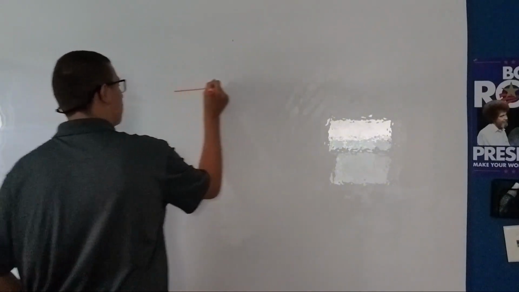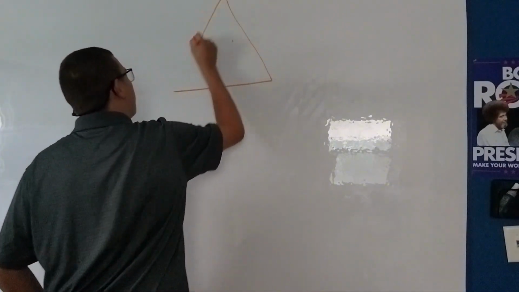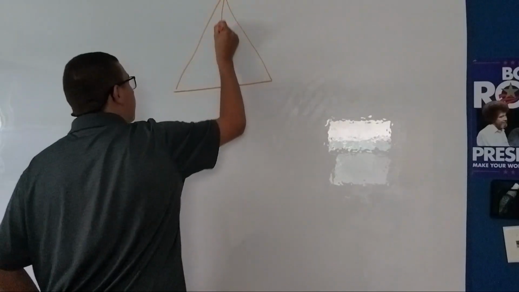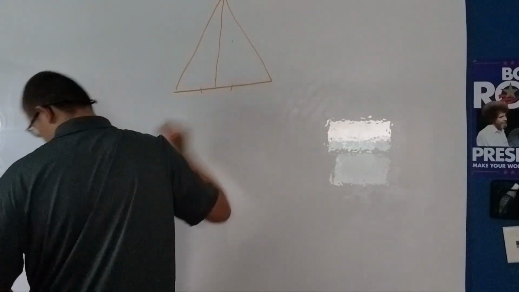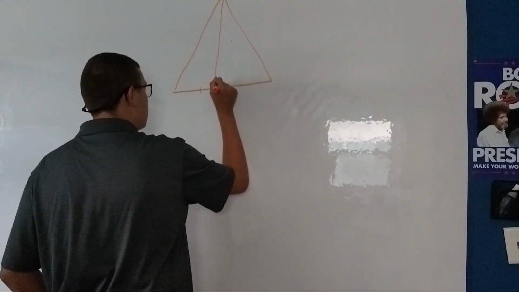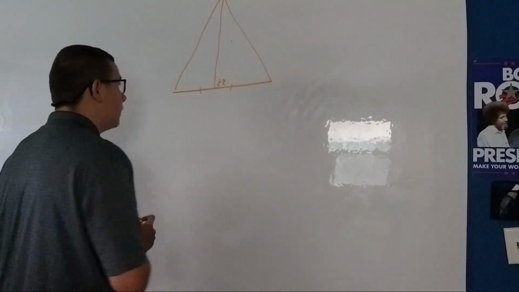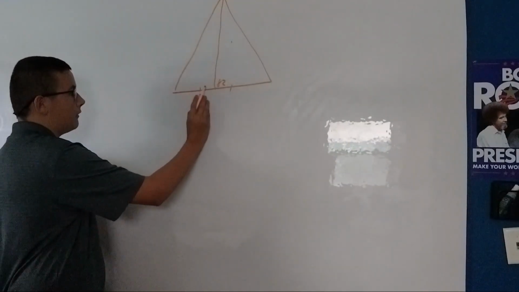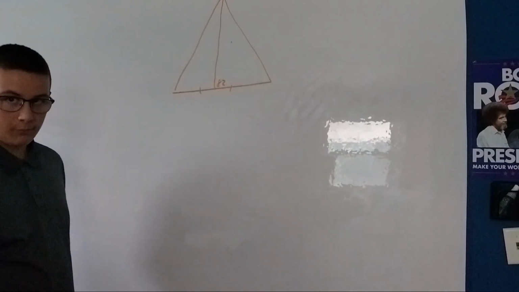I have this one right here. Like this, and we're going to tell you that those sides are congruent, that this is 82 degrees. And if that's 82 degrees, we know that this angle and this angle are going to be supplementary.